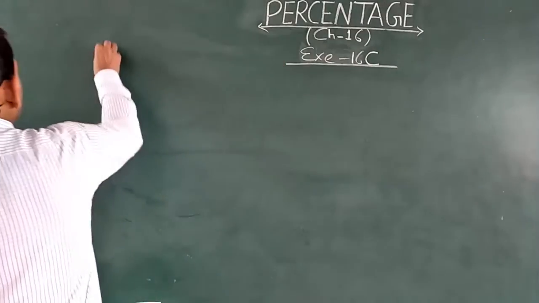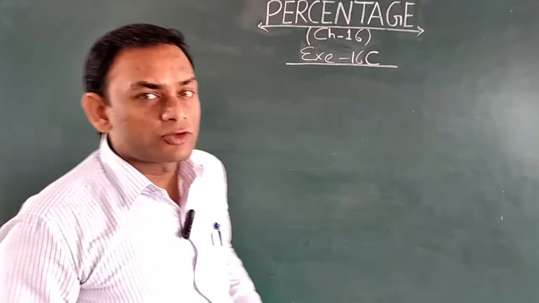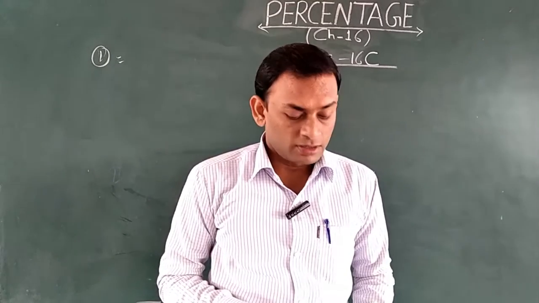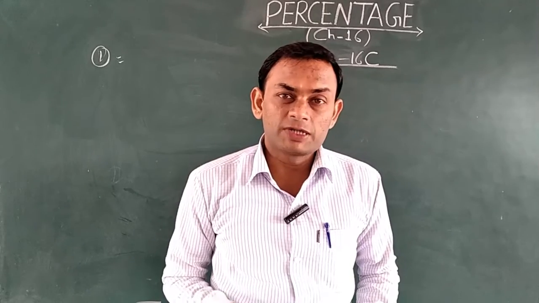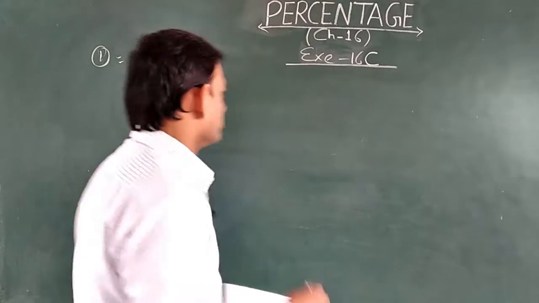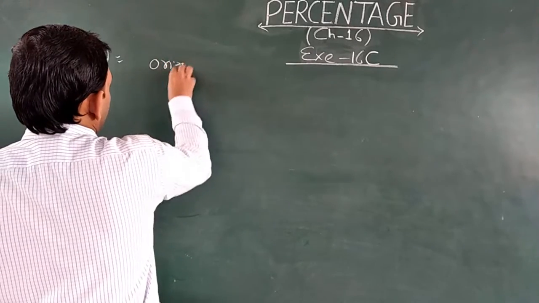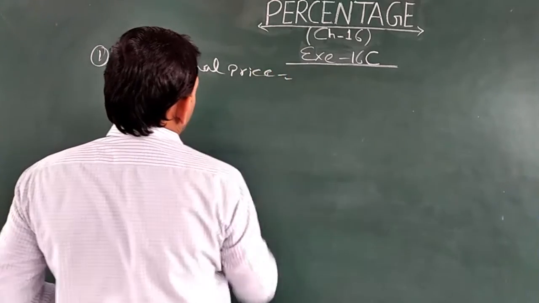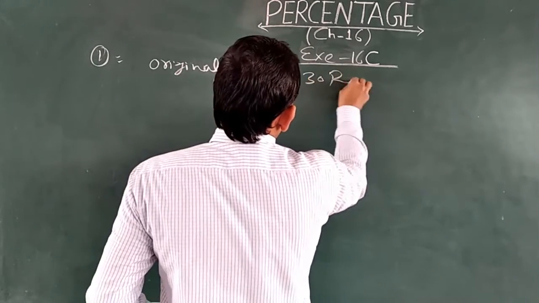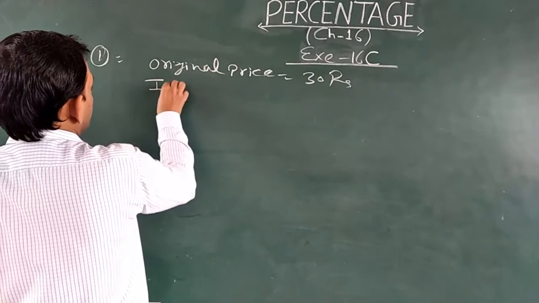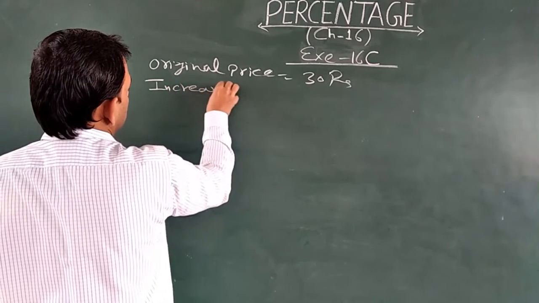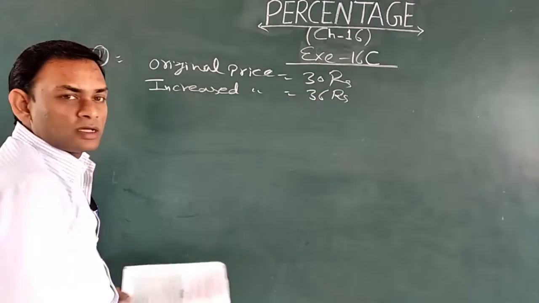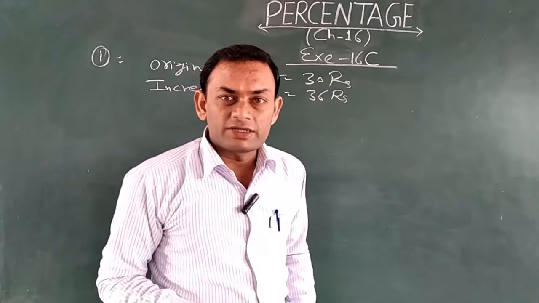So as I told you, the price that was set in the beginning is called the original price. The price of the rice was first 30 rupees per kg, which later became 36. So original price is equal to 30 rupees, and increased price is 36 rupees. Got it? So we have to find the increase percentage.